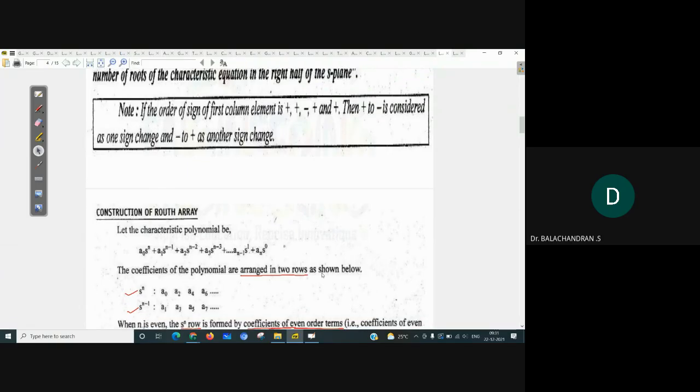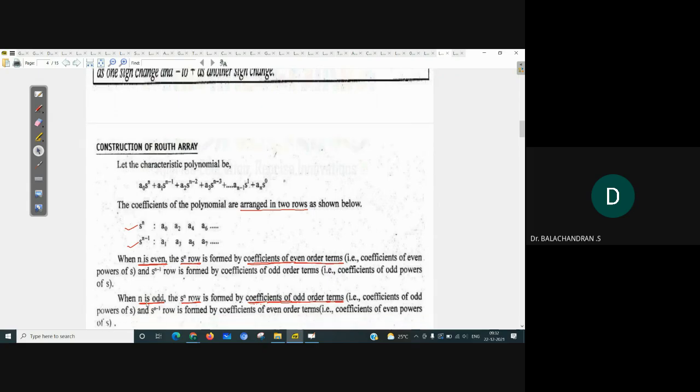Okay, construction of the Routh array. Let the characteristic polynomial be this. The coefficients of the polynomial are arranged in two rows as shown below. In s power n, you should write a0, a2, a4, a6, and so on. In s power n minus 1, a1, a3, a5, a7, and so on.